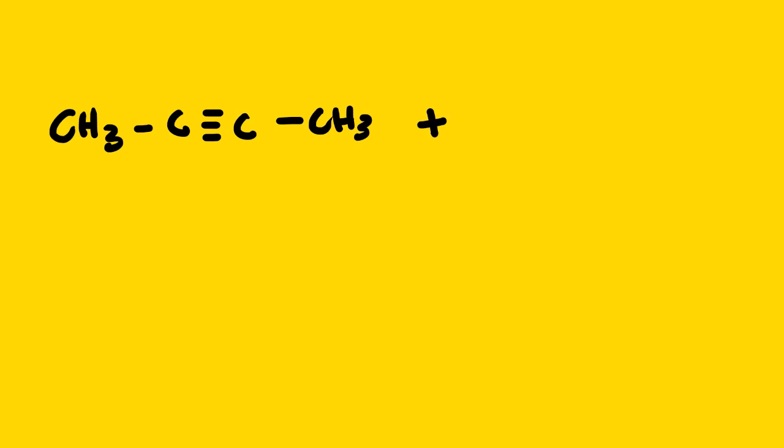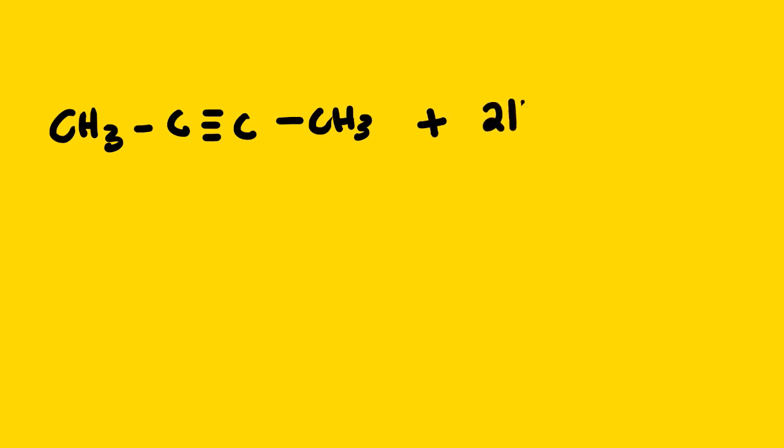Let us look at the second example. We can look at butyne. The question would be, what type of an alkyne is this one? You can see that this is an internal alkyne. Specifically, it is a symmetrical alkyne.